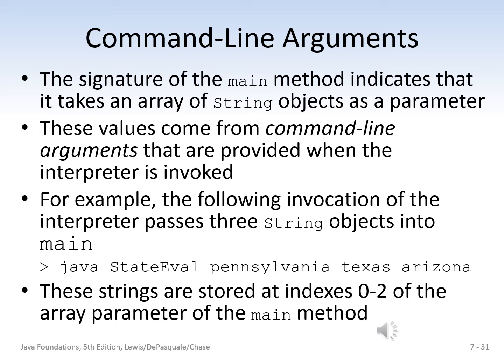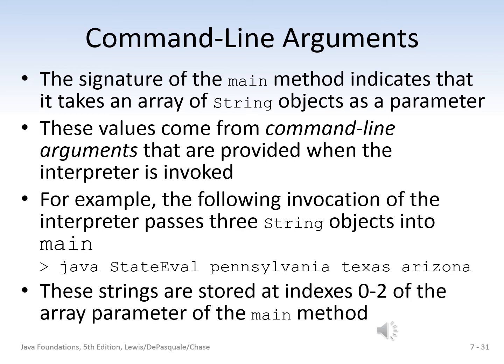We're assuming the Java program is named StateEval, that it's been compiled. So to run it from the command line, and I'm going to do a video in just a minute and show you how to run a Java program from the command line.